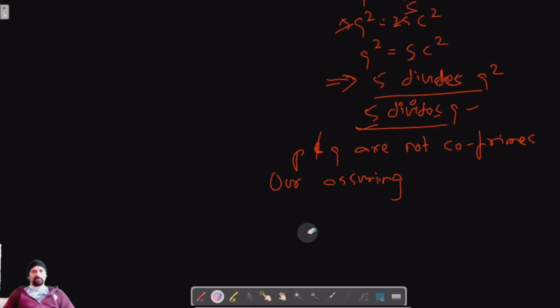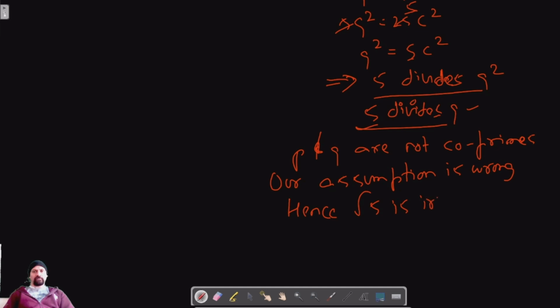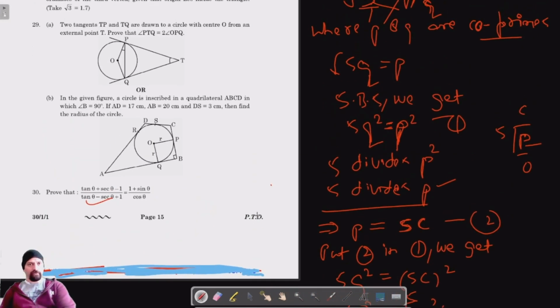So our assumption is wrong. Hence, root 5 is irrational. So this proves that root 5 is irrational.